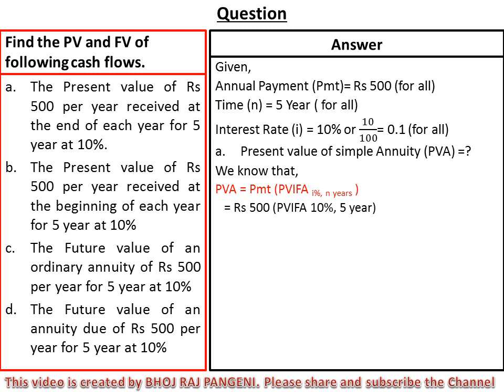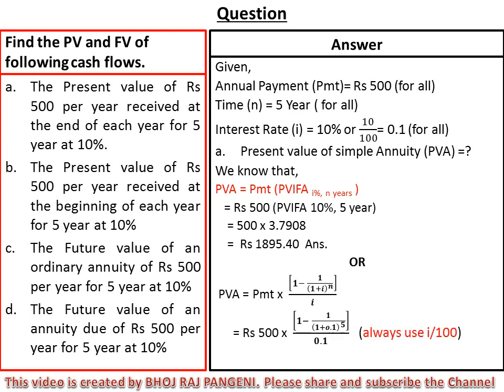You can get the value of PVIFA 10% 5 years from the financial table. That is 3.7908, and 3.7908 into 500, we can get 1895.40. Or alternatively, we can use the formula method directly. If you don't have any financial table, you can directly calculate the PVA.